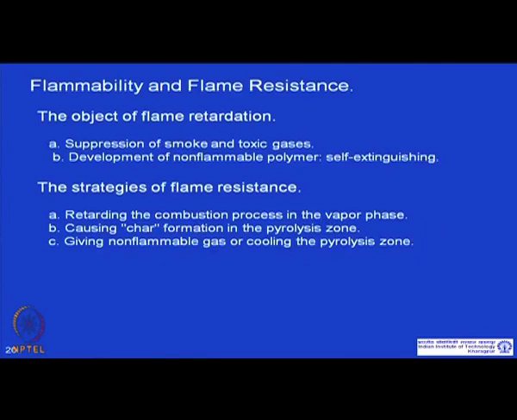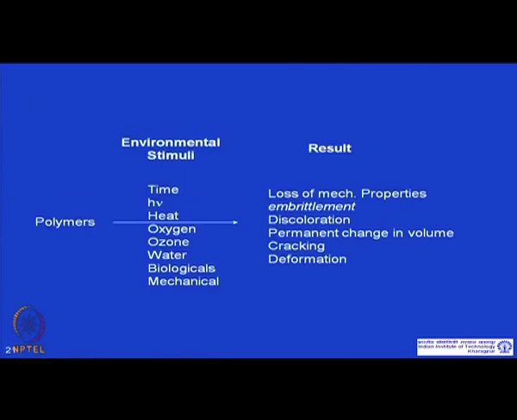Okay, we will just go to the next set of properties, which is basically exposure. What happens to a polymer getting exposed in an environmental situation? For example, polymers come across different chemicals.